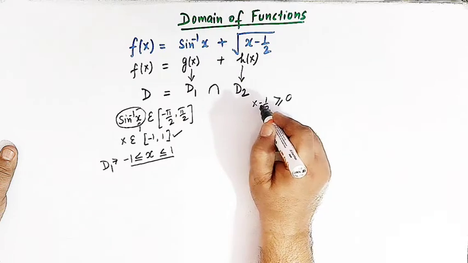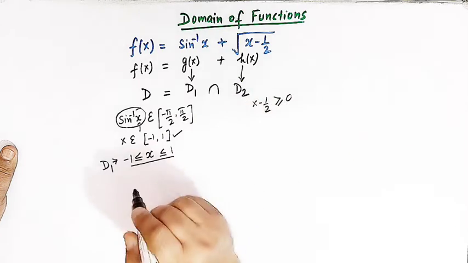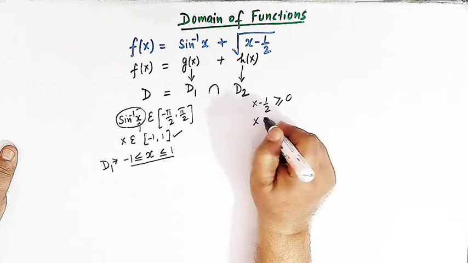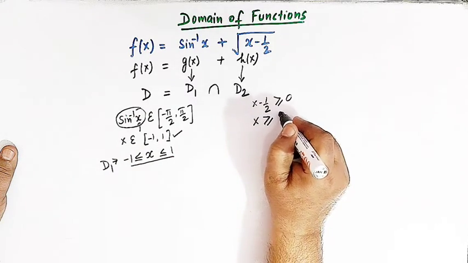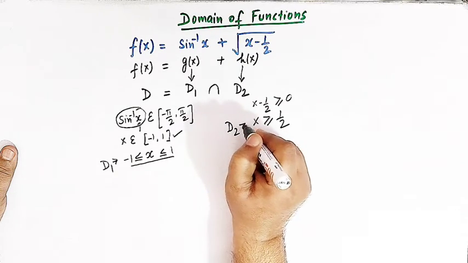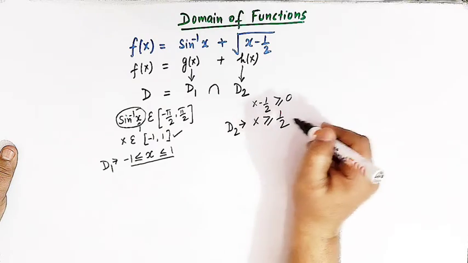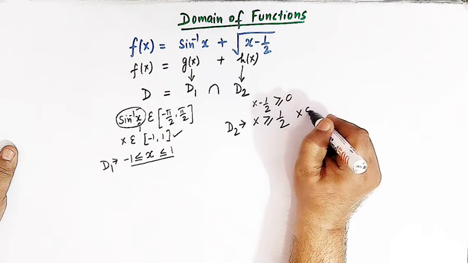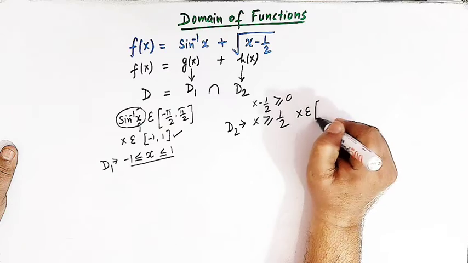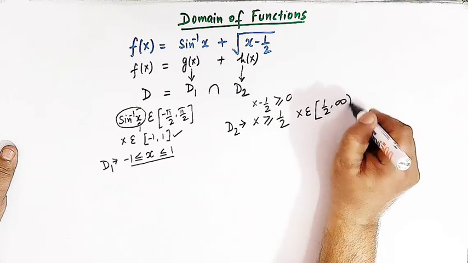So for x minus half to be positive, it should be greater than or equal to 0. So we can take x greater than or equal to half, right? So d2 is given by this inequality, and this inequality can also be expressed like this: x belongs to the interval that is half to infinity.